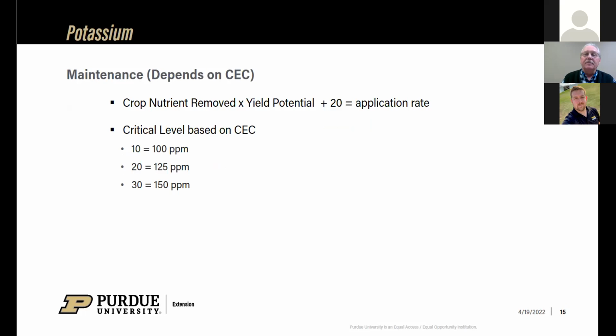The next one, potassium, really depends on the CEC of the soil. There's some conversion rates. We want to look at the crop nutrient removed and the yield potential, and then a factor of 20 is added. This changes depending on what your CEC is, what your range is, because if your CEC is higher, you want to have a higher base level of potassium within your soil.